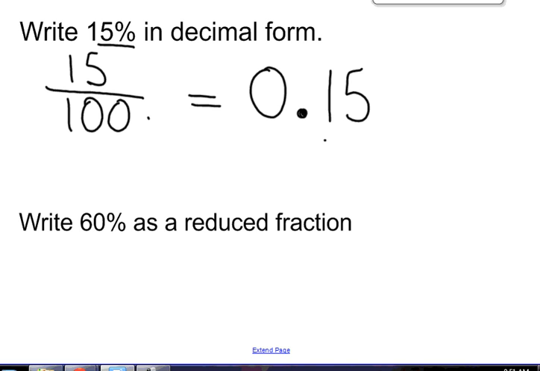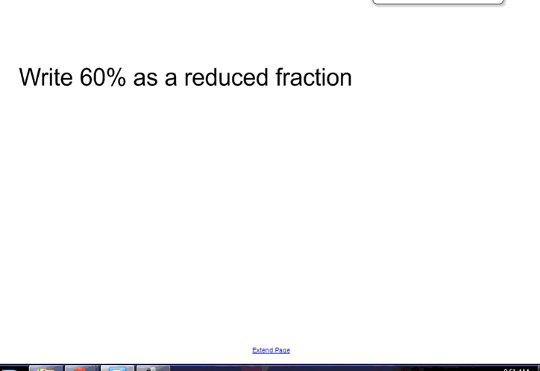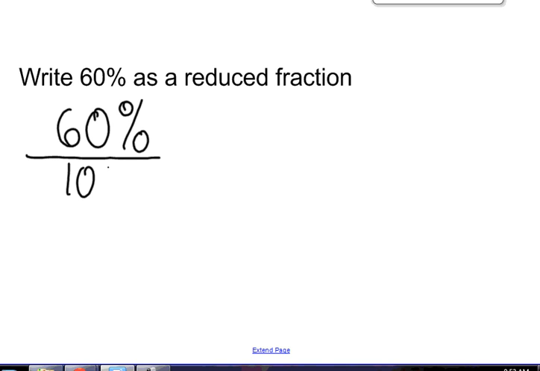The second example says, looking at the idea of 60%, right? The other way we can think about 60% is to divide by 100, or put it over 100, which gives us this idea.